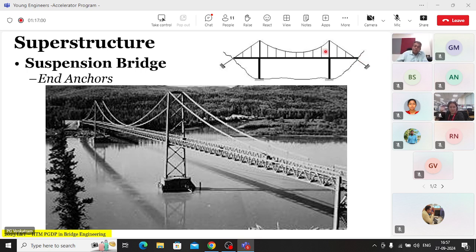Possible? This cable to be tied to the deck and then the deck acts as the load transfer member balancing out the force this way and that way. Possible? Not possible.